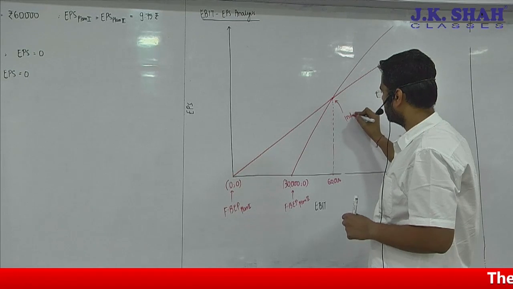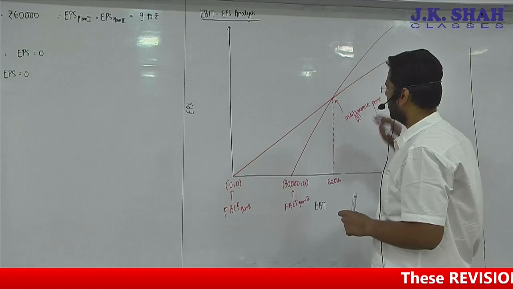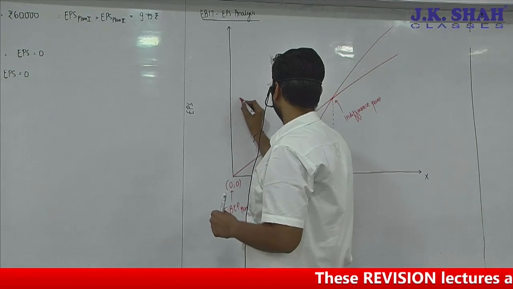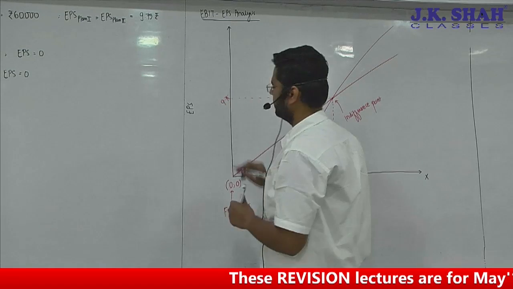So this is the indifference point or indifference level. And if you notice, at this level, what will be our EPS? The level of EPS here will be 9.75.